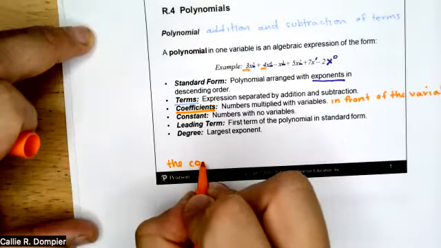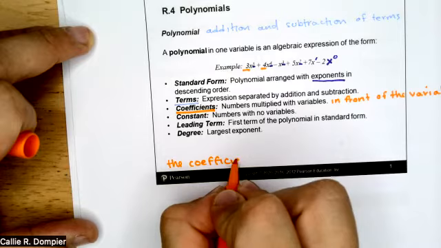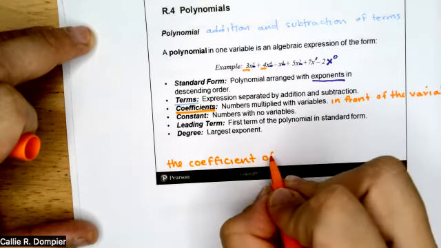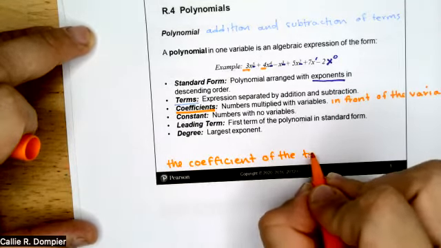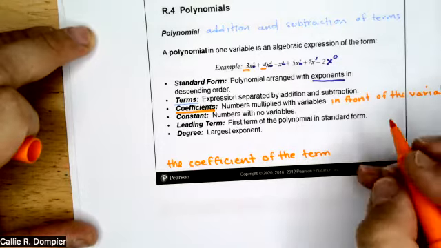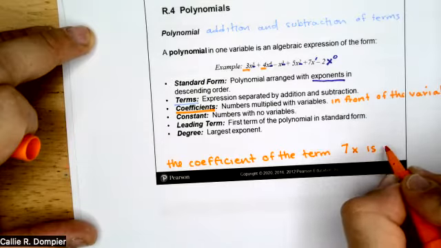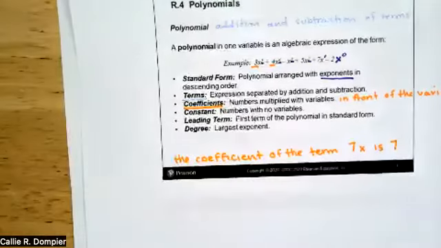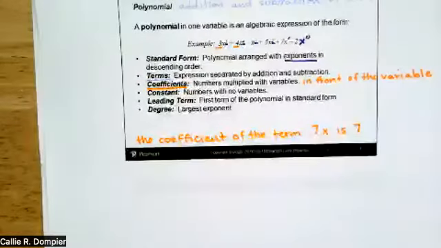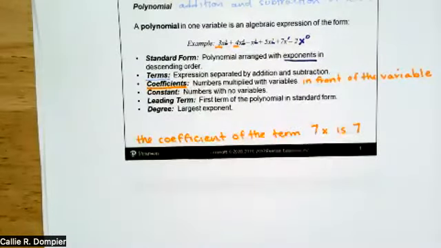The coefficient of the term, and again, only write down what you need to know, of the term 7x is 7. Does that make sense? It's the number in front of the variable. The constant is the number with no variable, even though I said that no variable was actually x to the 0.